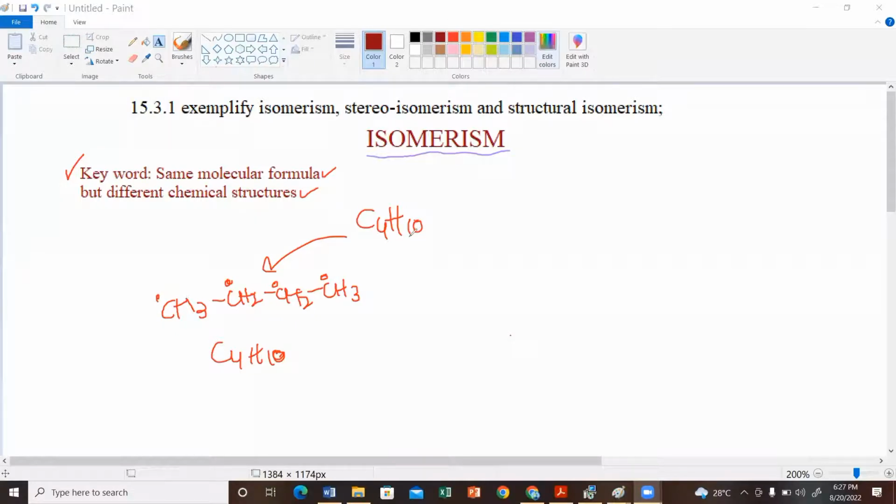If we look for another possible skeleton of this C4H10 molecular formula, it can be 3 carbons linearly arranged, CH3, CH2, CH3, and there would be CH3, CH, and CH3. So if we form another isomer, another carbon would be there in branch.